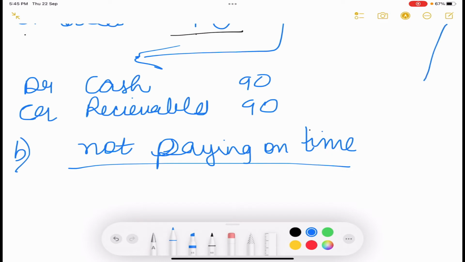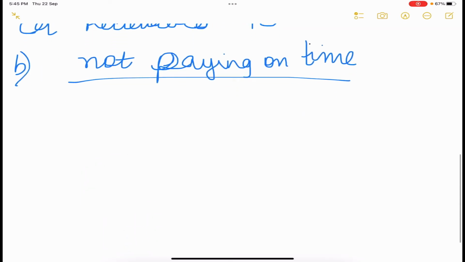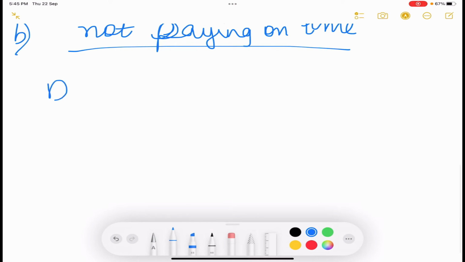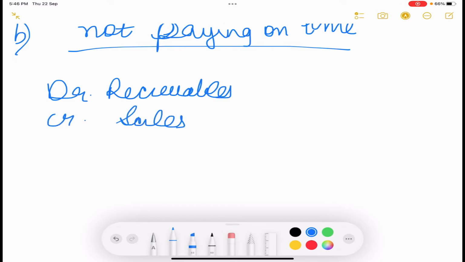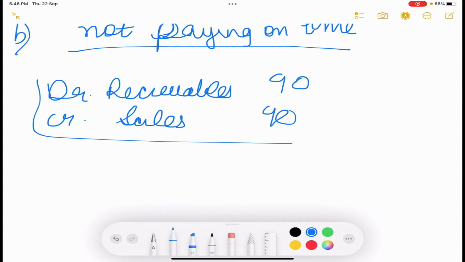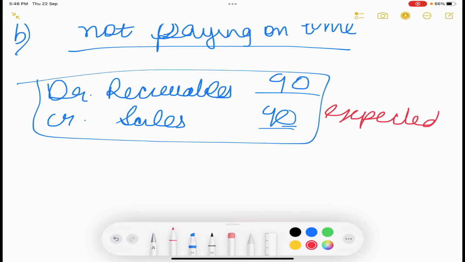So when we expected them to take the discount, what was our journal entry? This was our journal entry when we made the sales, and here we have 90. Why do we have 90? Because we expected them to take the discount.